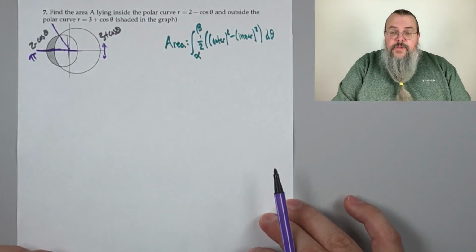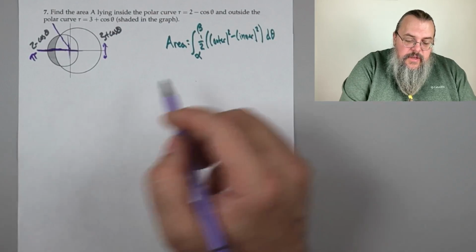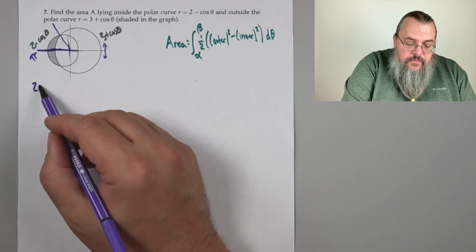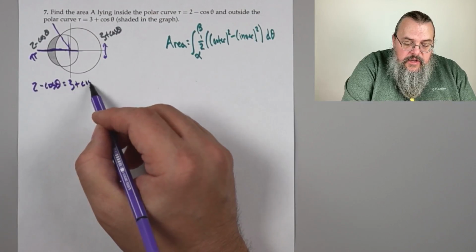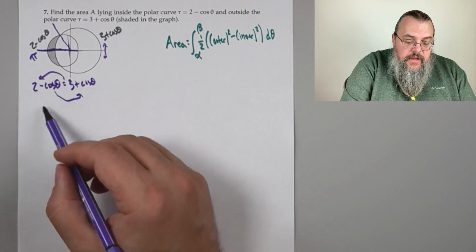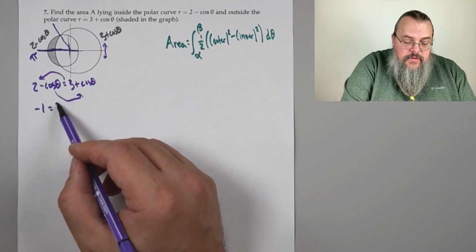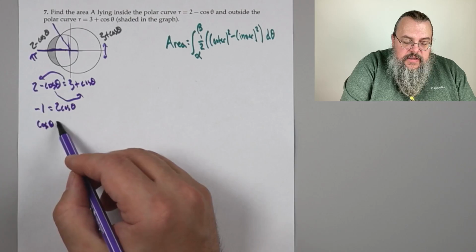All right, well, let's work through what that needs to be. So to figure out, we say, when does 2 minus cosine theta equal 3 plus cosine theta? Well, the good news is we can move things around, and this is the same as minus 1 equals 2 cosine theta, or cosine theta is minus 1/2.